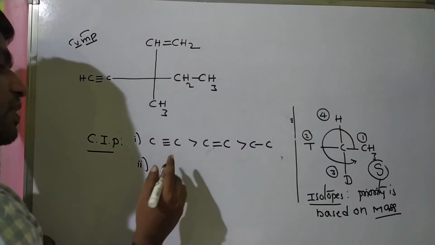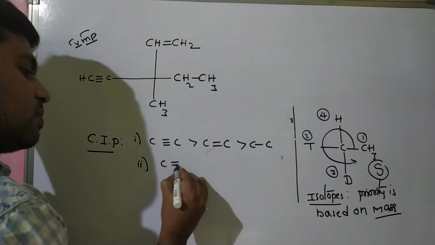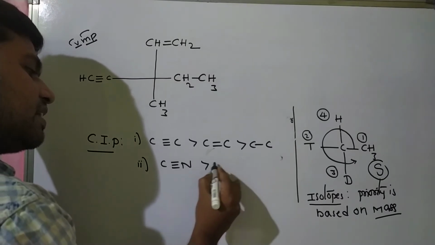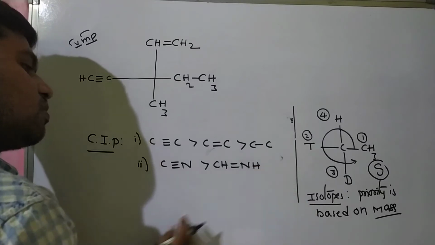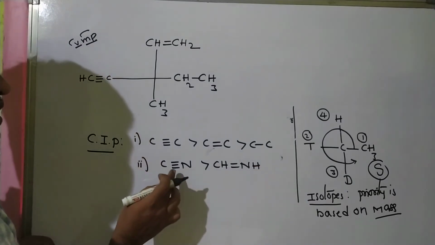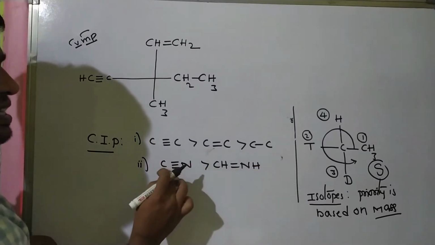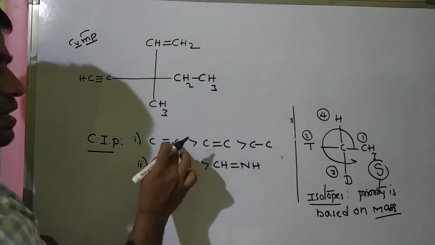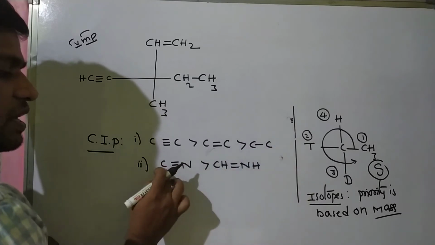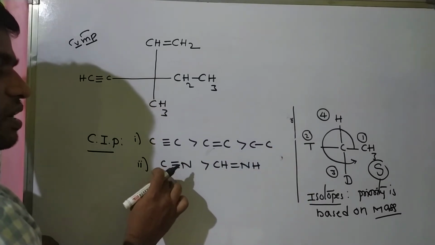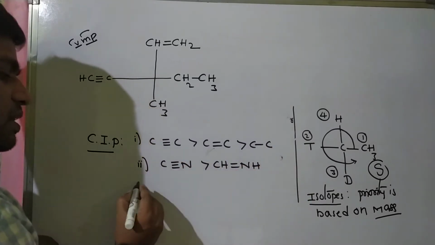Suppose carbon and nitrogen: C triple bond N is greater than CH double bond NH. Okay, students? Triple bond, here double bond, here the same atoms are involved. Here carbon, here also two carbons, here also carbons. Here also carbon nitrogen, here also carbon nitrogen.